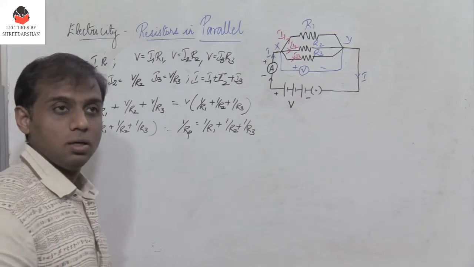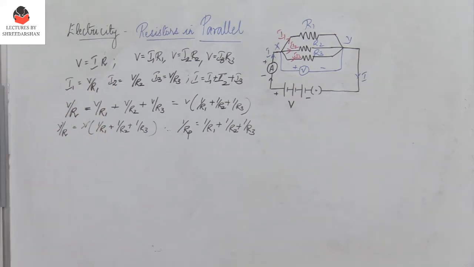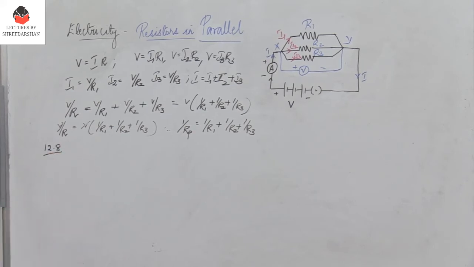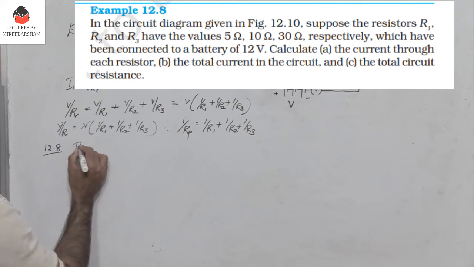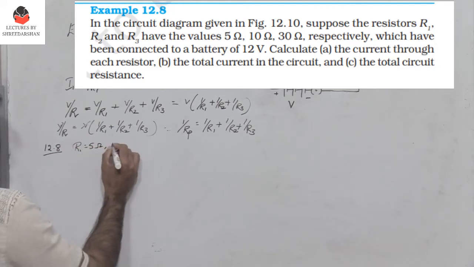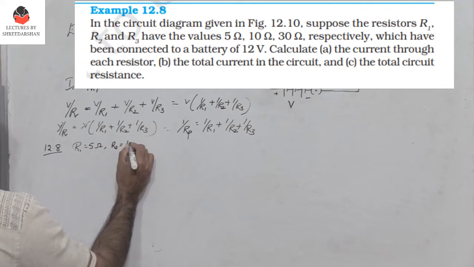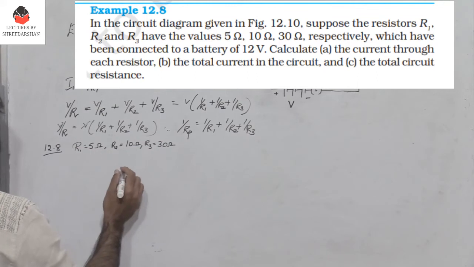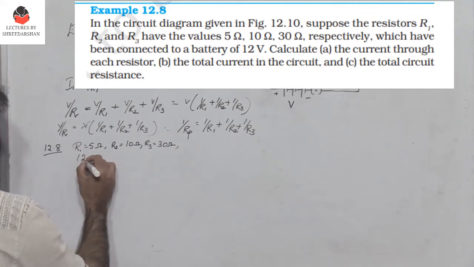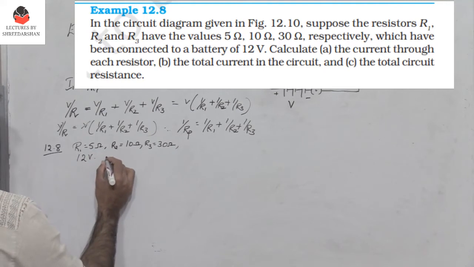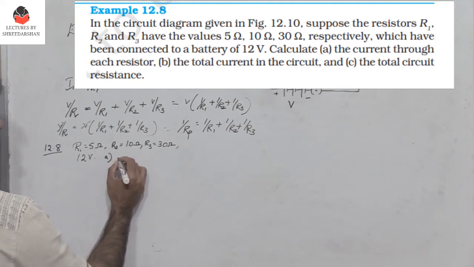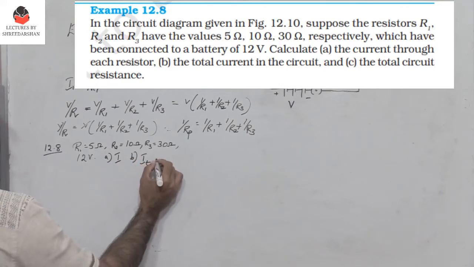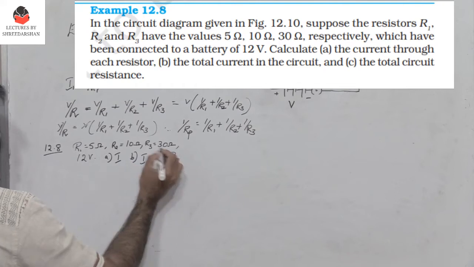So now let's solve the exercise problems. So we have example 12.8, and what does it state? There is R1 which is equal to 5 ohms, R2 equal to 10 ohms and R3 equal to 30 ohms, and they are all connected to a battery of 12 volts. So we need to find A, the current through each resistor, B, the total current, and C, the total resistance.